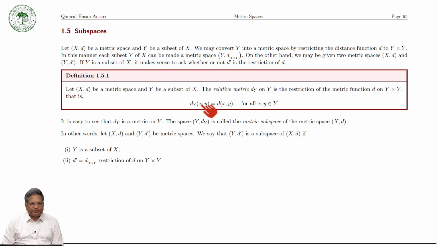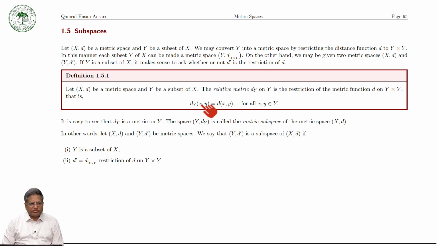Now, today we will discuss the subspace. Subspace means if you have a subset of a metric space, can we say that it is also a metric space? Or, can a subset of a metric space be converted into a metric space?